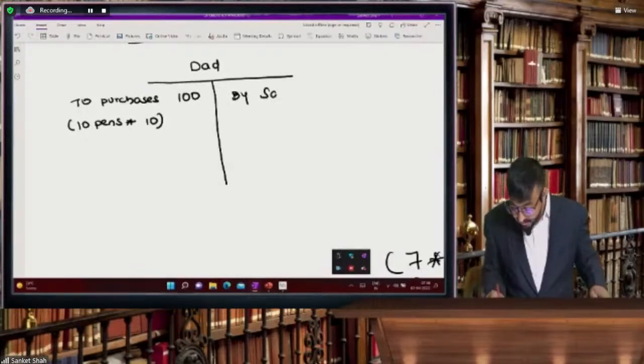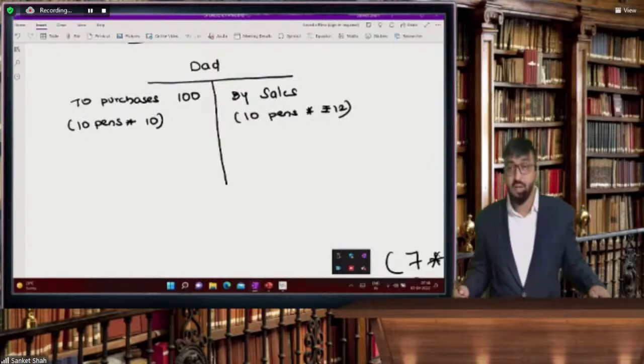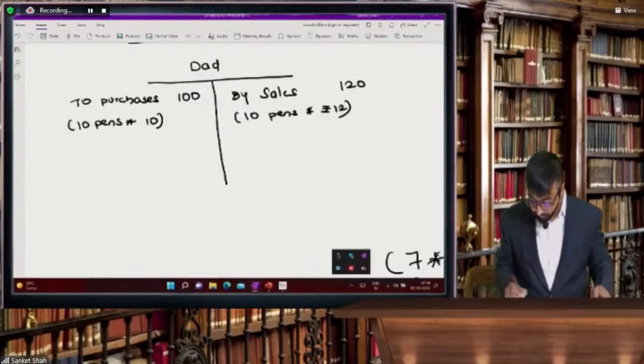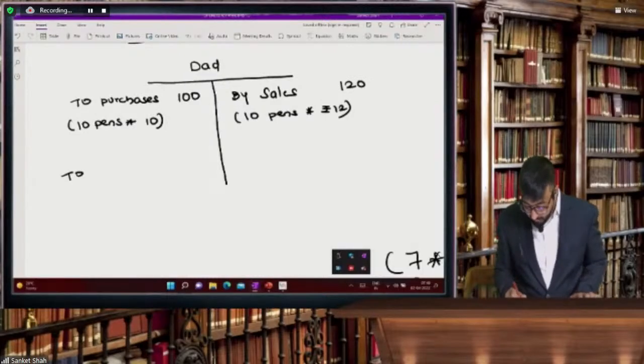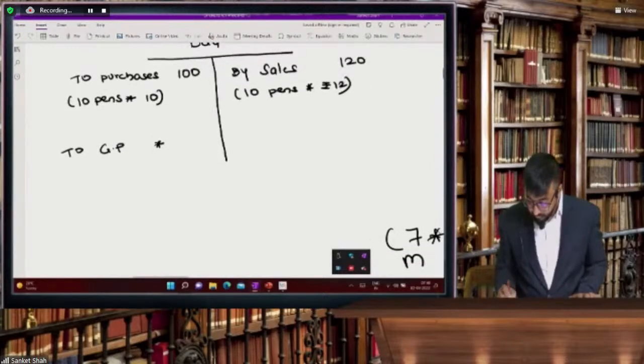By sales, 10 pens into rupees 12. Yes beta, what is 10 pens into rupees 12? 120. To GP, 20 rupees.